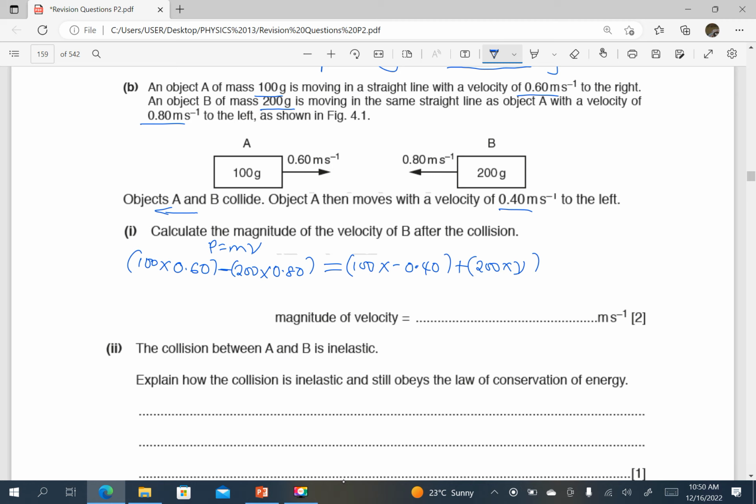So I'll just simplify this. 100 times 0.6 minus 200 times 0.8. So this is negative 100.